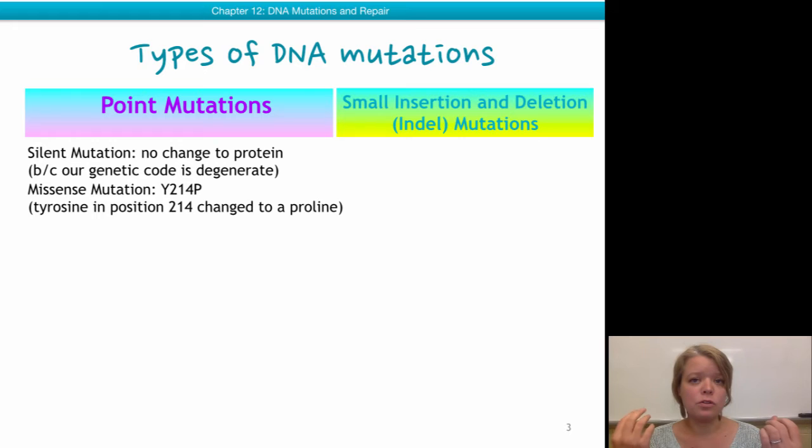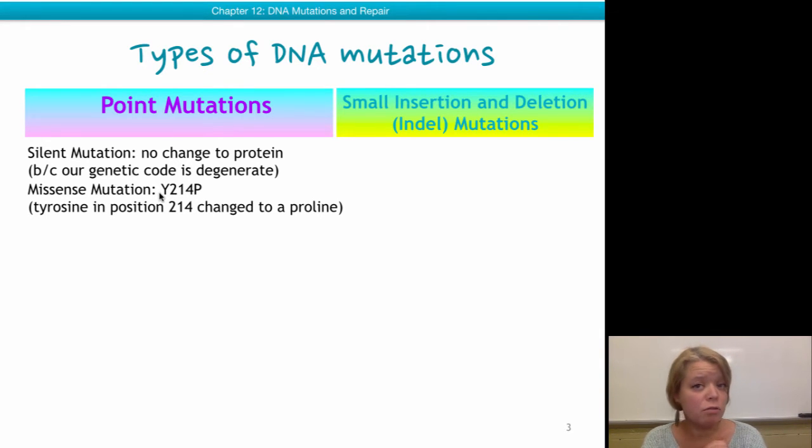For example, due to the change on the nucleotide level, now instead of a tyrosine, the ribosome will place a proline in that particular location of the protein, because the nucleotide sequence no longer codes for tyrosine but codes for proline. And this is how these missense mutations are frequently notated.